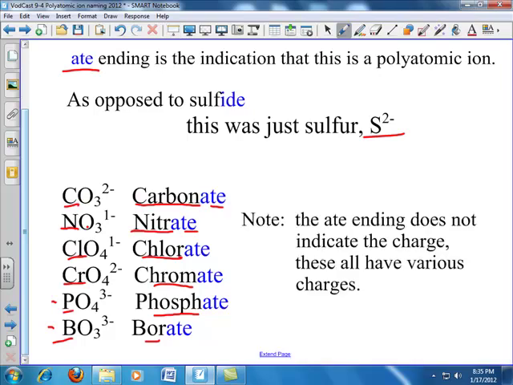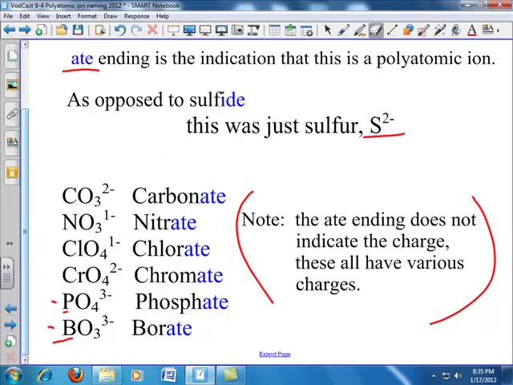And some other little things to note, and you need to include this in your notes. The ATE ending does not indicate the charge of the ion. One of the things you'll notice here is this is a -2 charge, this is a -1 charge, -1, -2, -3.